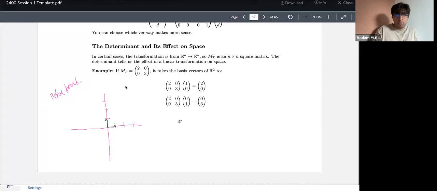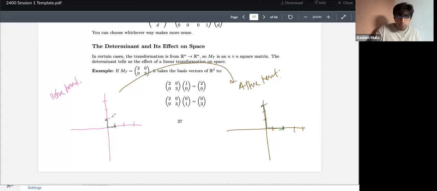Okay, so let's do another one. Change color. Okay, before transformation, now let's do after transformation, right? I have in my new coordinate space, 1, 2, 3, 4, 1, 2, 3, 4, right? What happens to 1, 0? It gets shot to 2, 0, so that goes here. And then 0, 1 gets pushed to 0, 3. Now, if you notice here, the area of the shape formed by these vectors is 1.